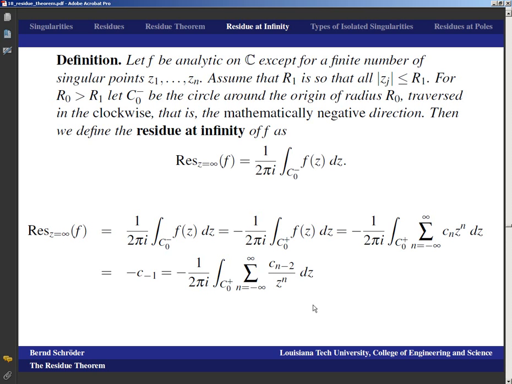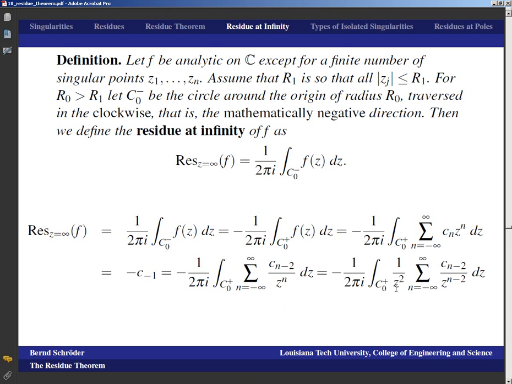Because now this one only gives us a non-zero integral when n is equal to 1, and when n is equal to 1, the integral gives us 2 pi i times c_(-1)... Okay, so that looks like a cheap trick to get power series involved that use 1 over z to the n, and in fact that's exactly what it is.